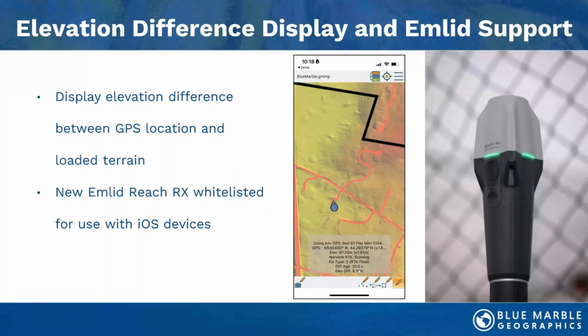And I'm sure many of you are already thinking, well, with just built-in location services, we probably don't have the accuracy to make that useful. And that's absolutely right. That's why we're also mentioning here that we now support all of the new MFi devices that have been whitelisted on iOS.